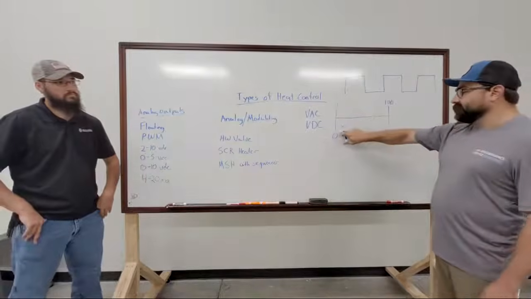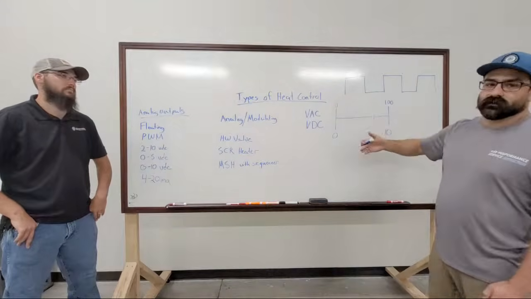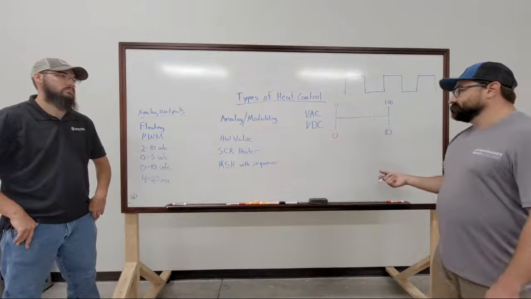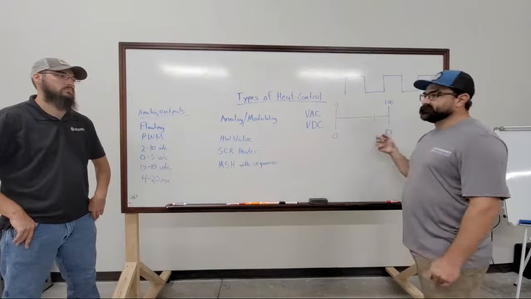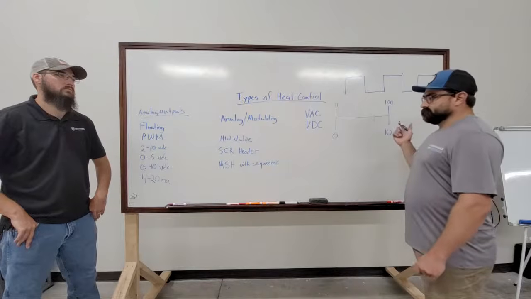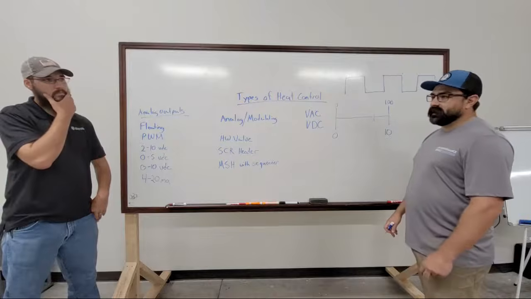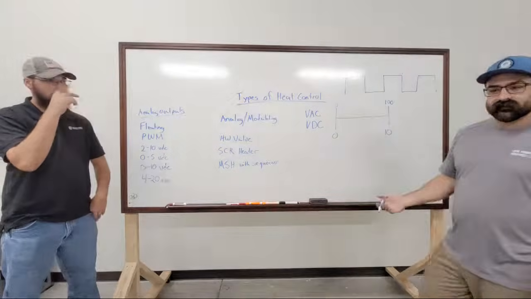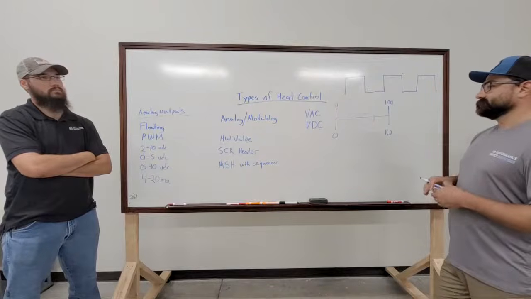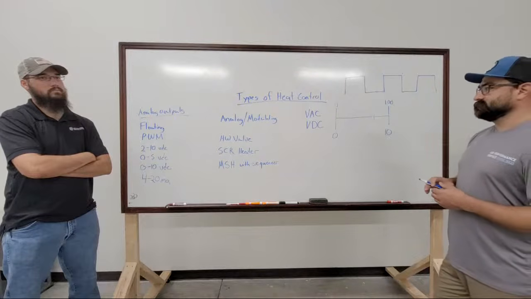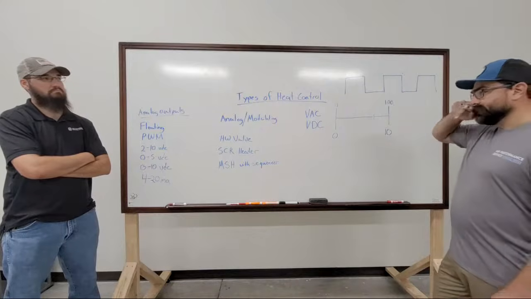And these time frames also vary by component you're controlling. Some of them are tenths, some of them are in seconds, it varies. They have what they call leading edge, trailing edge. There's a couple different ways to do it without getting real in the weeds. This is your basic thought process behind pulse width modulation.